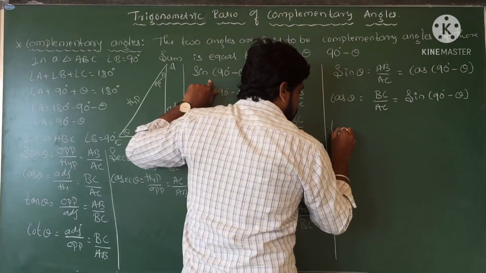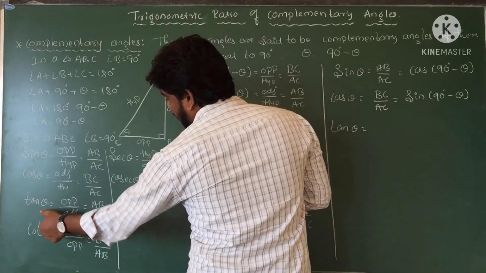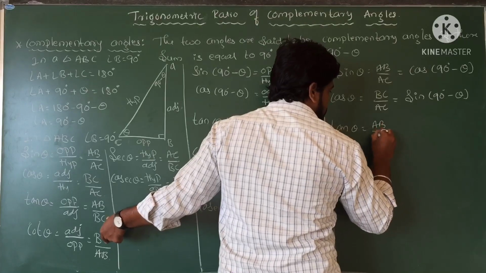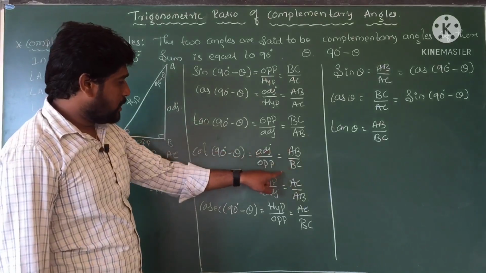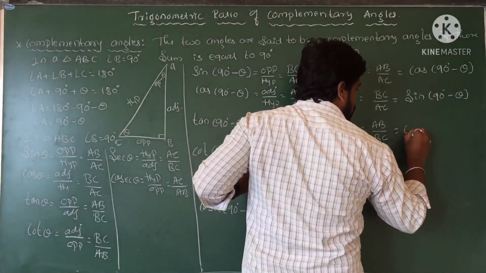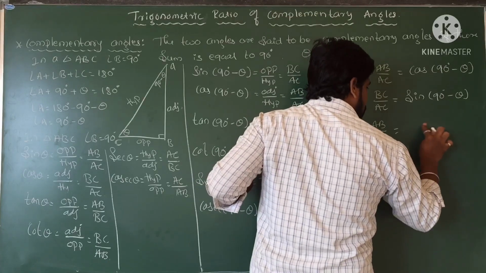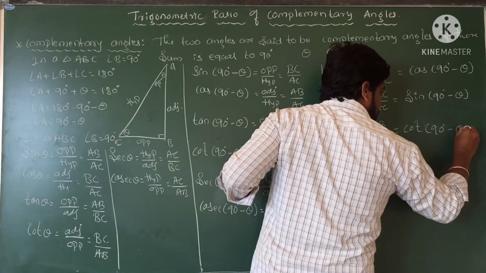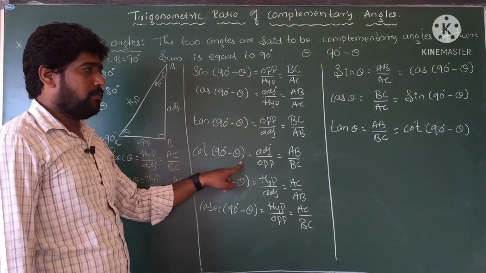So next one, tan theta. See here, tan theta is AB by BC. AB by BC is cot 90 minus theta.